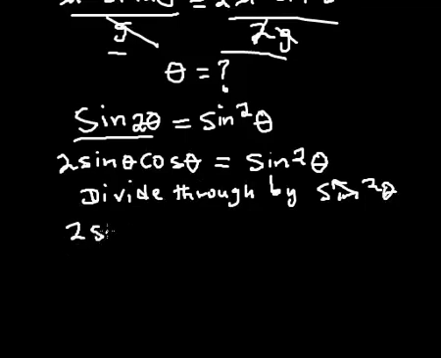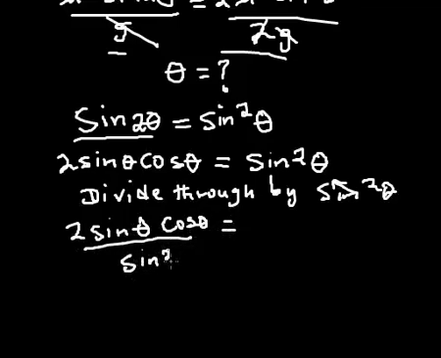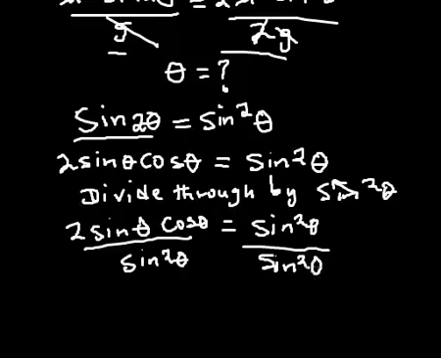So I have 2 sine theta cos theta equal to sine squared theta, and whatever I do to this side, I also do to the other side, divided by sine squared theta.